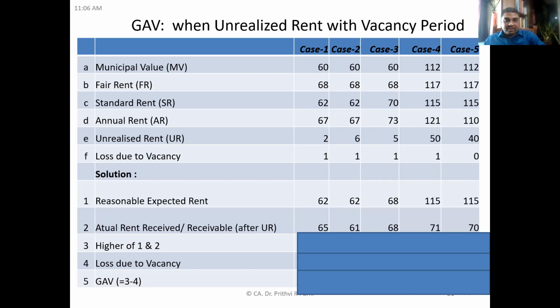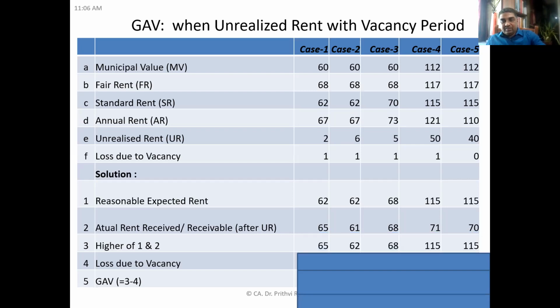Now, higher of 1 and 2. Sir, 65, 62, 68, 115, 150. Right. So that is the gross annual value before allowing for vacancy.